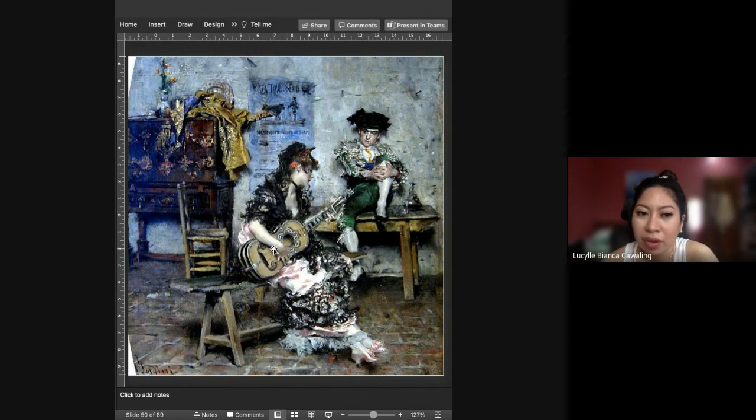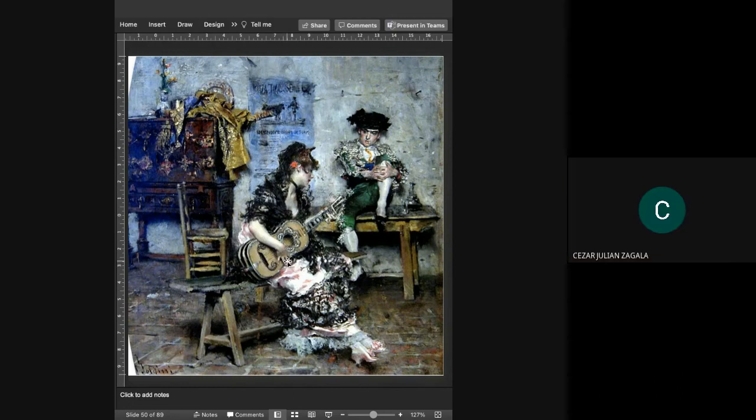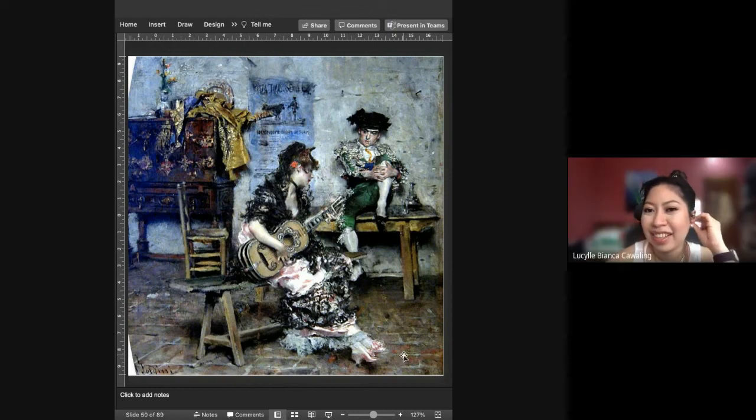So if you look at the size here, the scale of the hand compared to this one, the hand is bigger here and this one is smaller, which is not really proportion. Do you get it? Okay, I understand now. Thank you. Sorry, that was kind of confusing, but I got it.